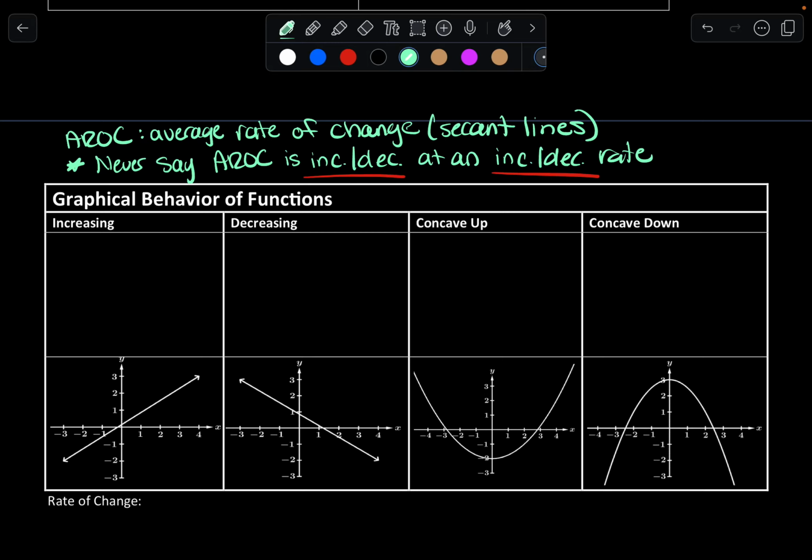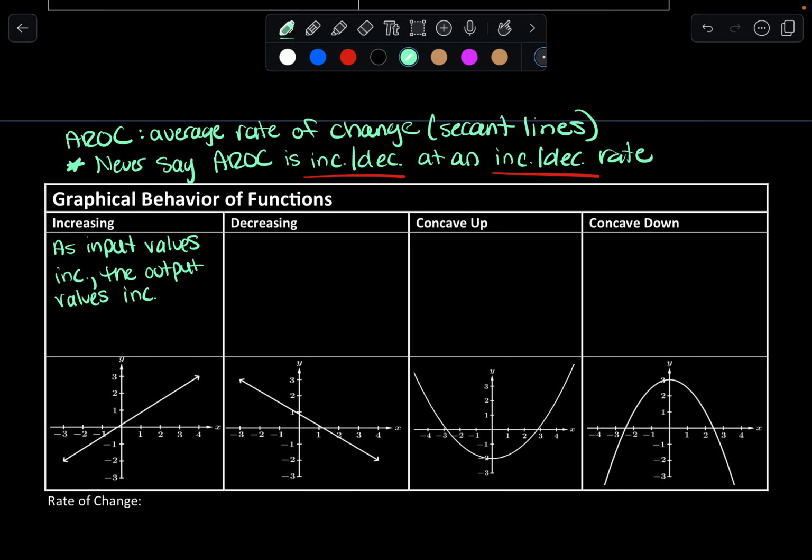So the graphical behavior of functions: for a function to increase, this means as the input values increase, the output values increase.